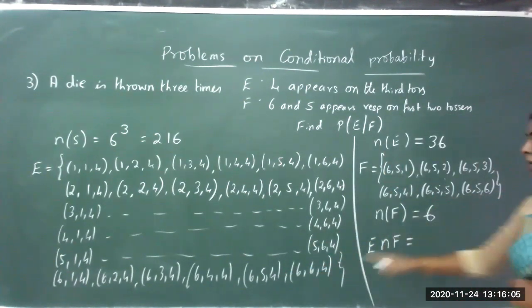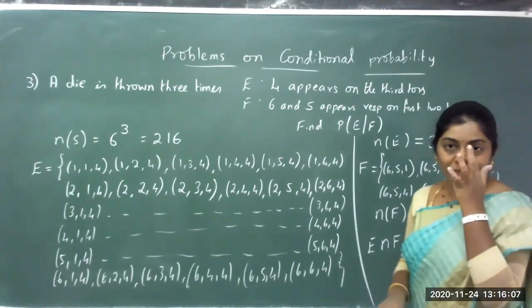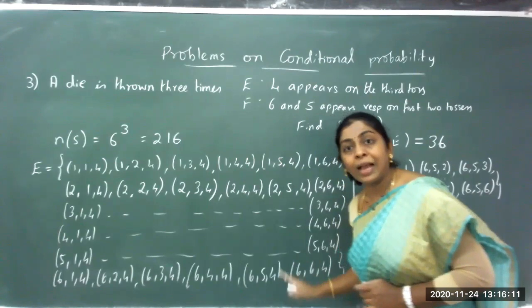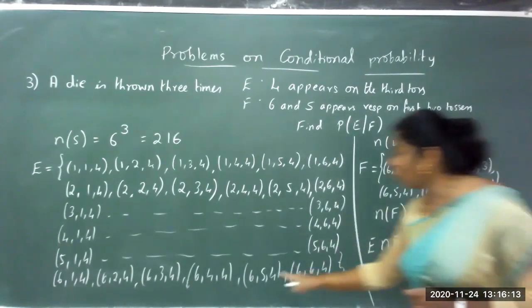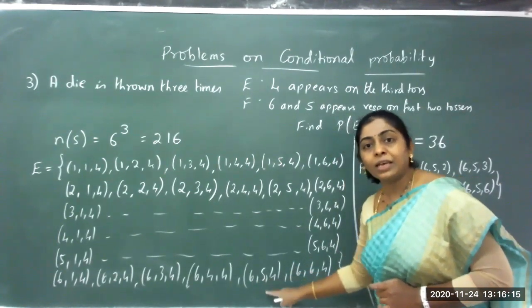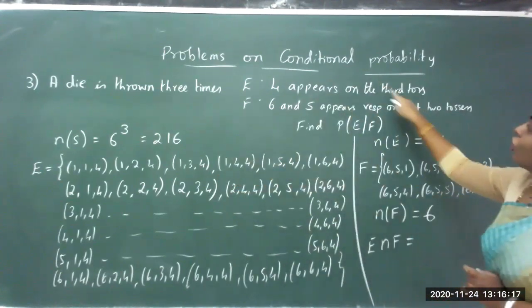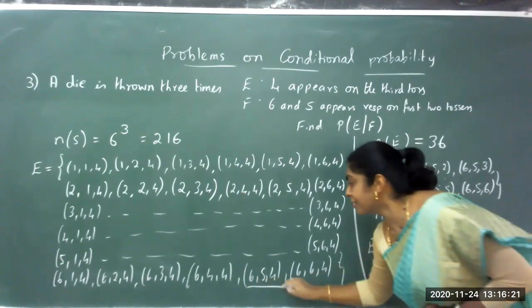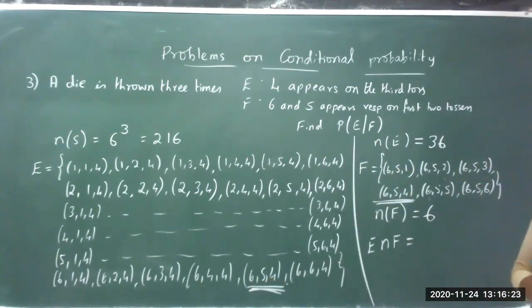The remaining ones don't have any common elements at all. First die should be 6, that is the last line, and second die should be 5 only. In the first event, the third toss should be 4. So that is the only common element I can consider: 6, 5, 4.